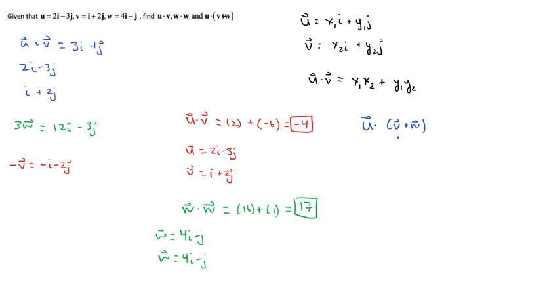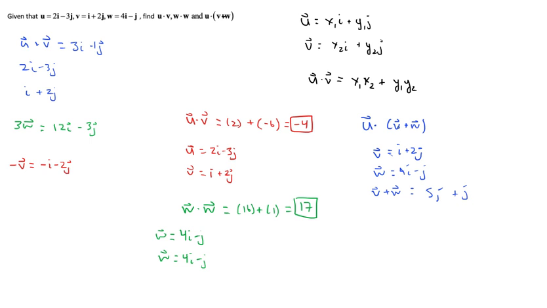All right, so let's take a look. The first thing we should do is add v plus w together. So v we know is i plus 2j. w we know is 4i minus j. So what happens when we add them together? v plus w, we get 1 plus 4, which is 5, and then 2 minus 1, which is plus 1j. So we get 5i plus 1j.